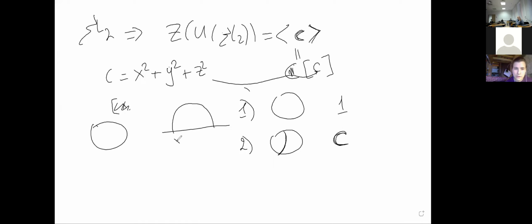We just write here XX or YY or ZZ and take the sum. Now we have Chmutov-Varchenko relations. The first relation, I'm sure I can draw it.